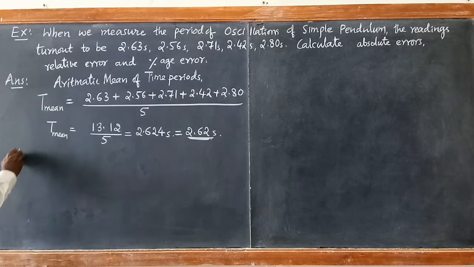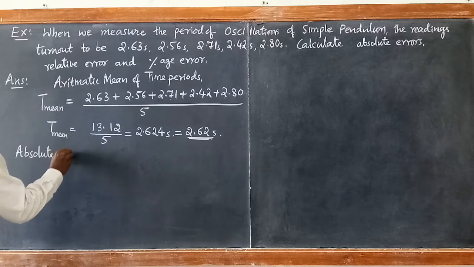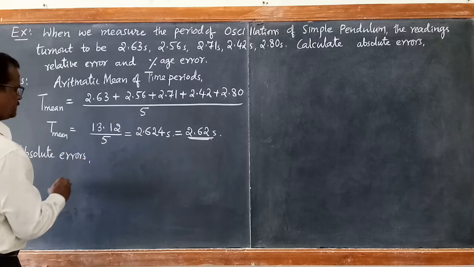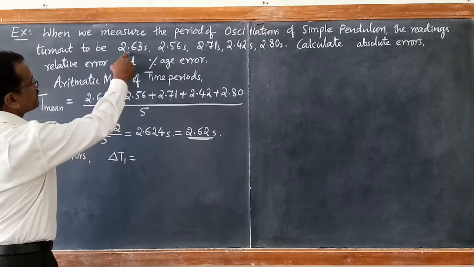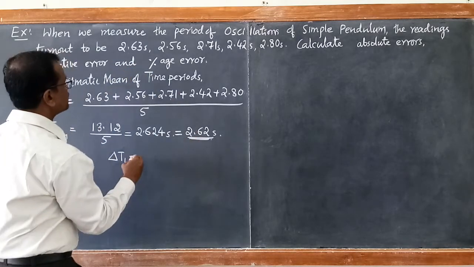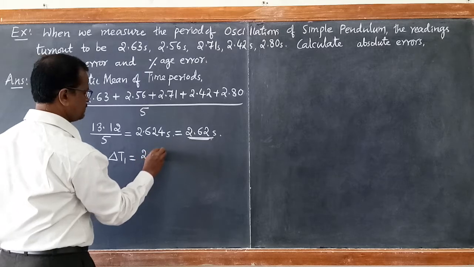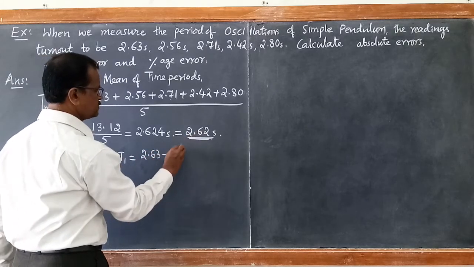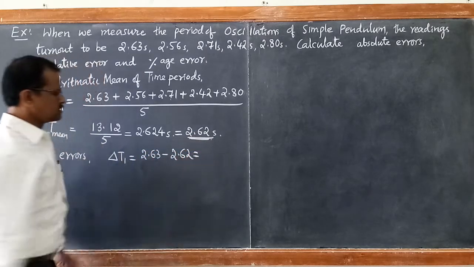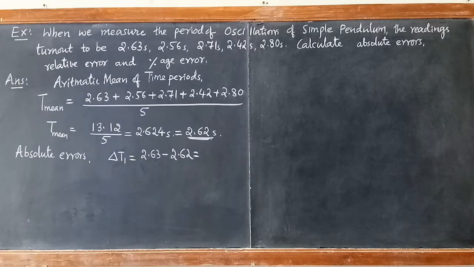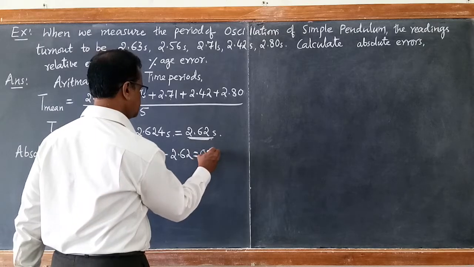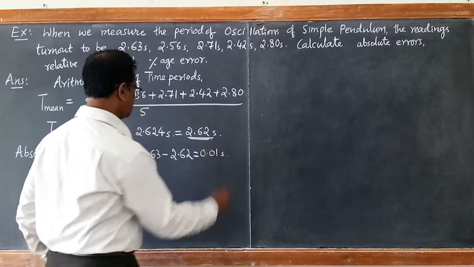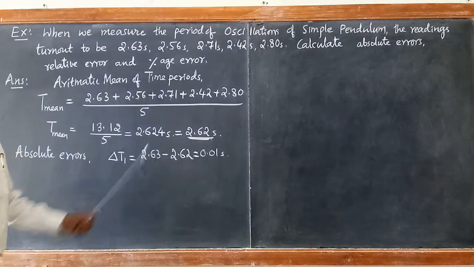Now we will calculate absolute errors. Absolute error, so delta T1 is T1 minus T mean. T1 is 2.63 minus T mean 2.62. So this comes out to be 0.01 second. Of course it is positive.